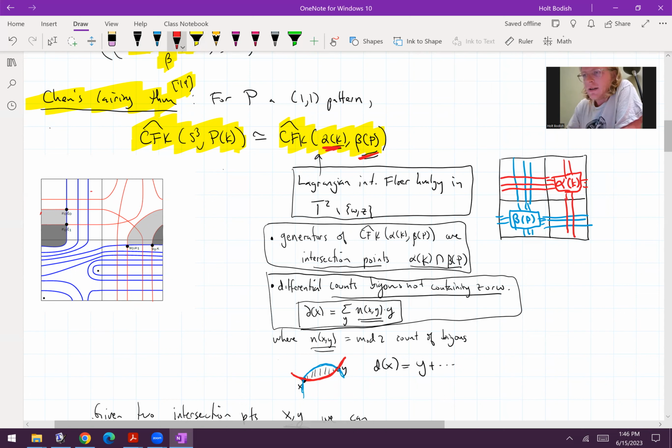And those intersection points are the generators of this Lagrangian intersection Floer chain complex. So they occur in the second and fourth quadrant.